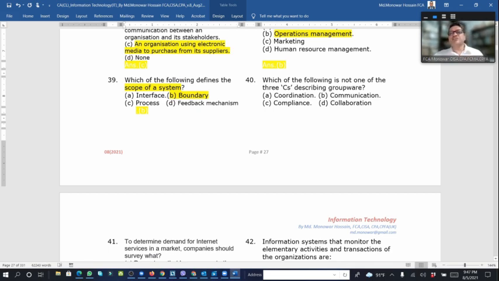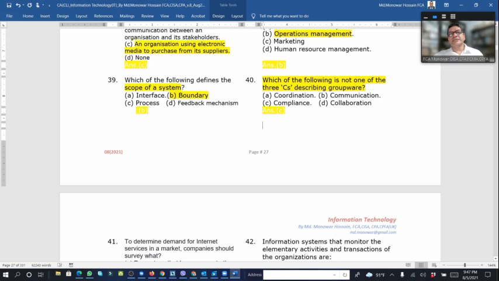Which of the following is not one of the three Cs described in group work? When we study that chapter, we'll see what the 3 Cs are. Here there are four Cs, but the group work has three. So what would be the answer here?